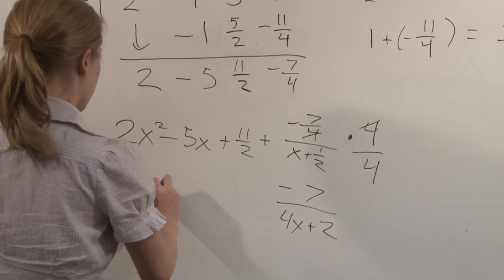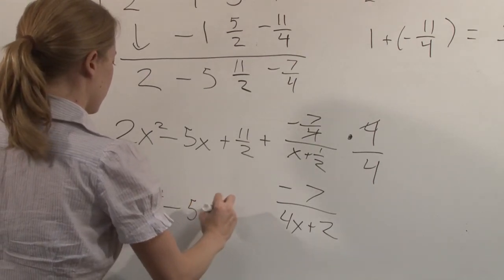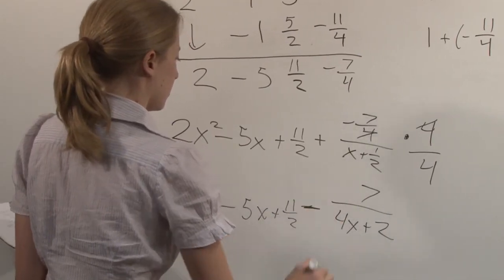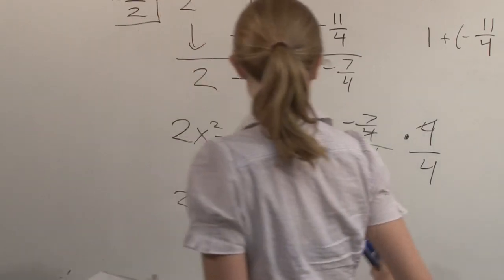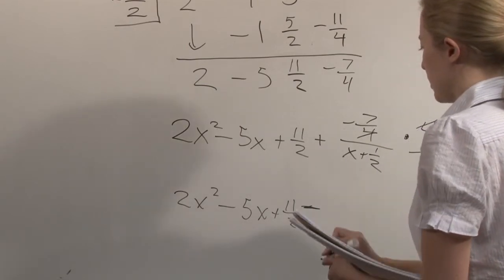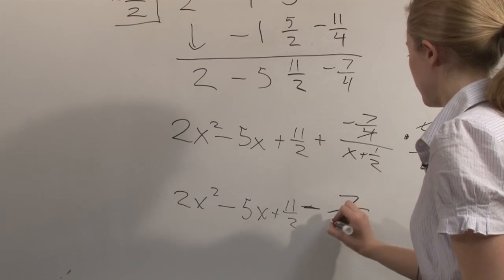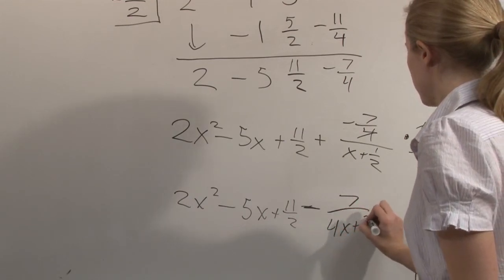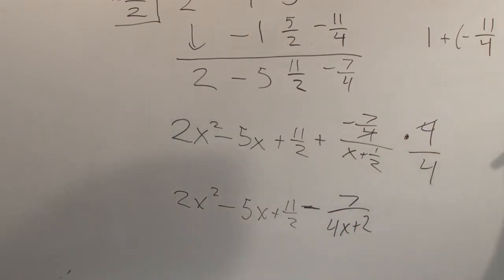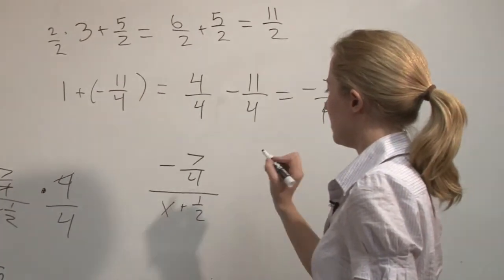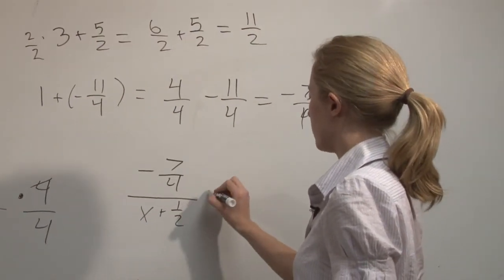So in my final answer, I'm going to have 2x squared minus 5x plus 11/2 minus 7 over 4x plus 2. I want to do this one a little bit bigger over here. So if I have this, the least common denominator of 4 and 2 is 4.